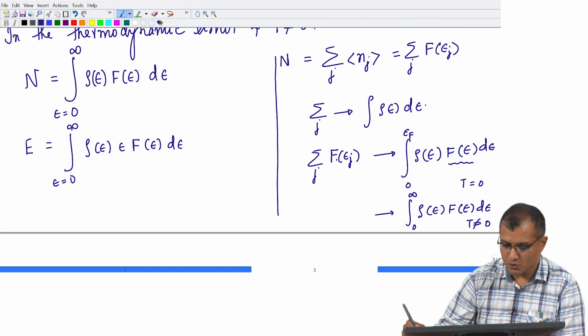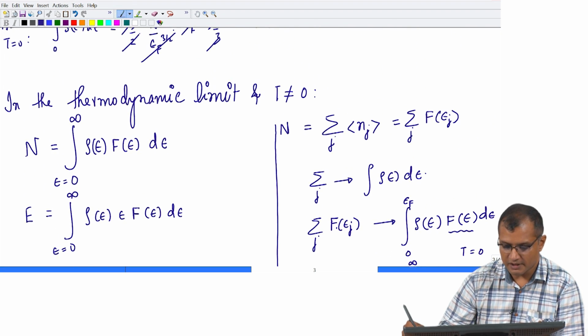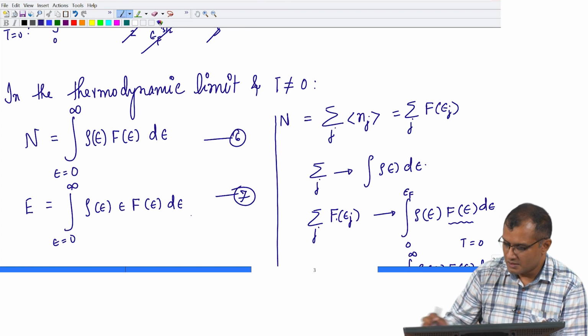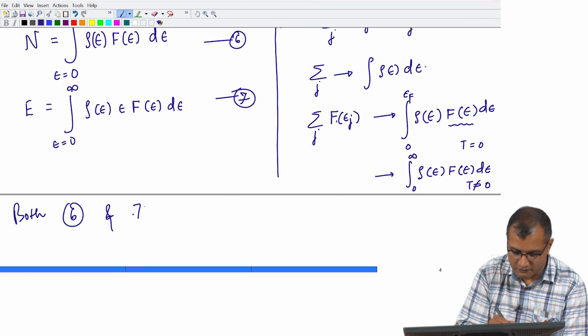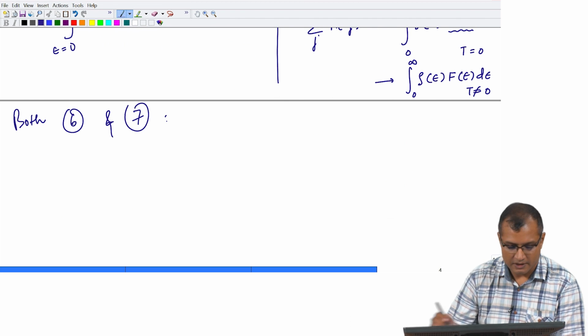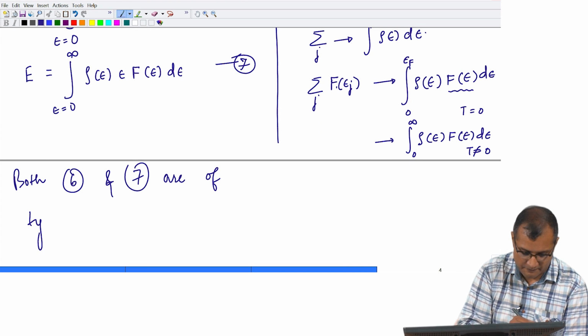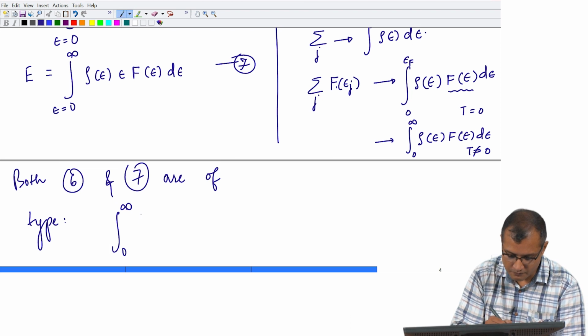Now, if you look at these two integrals, both these integrals for E and N, let us give them some numbers, equation 6 and equation 7, both 6 and 7 are of the type, an integral 0 to infinity some function phi of E into f of E dE.